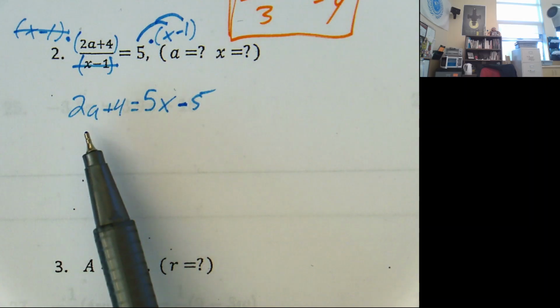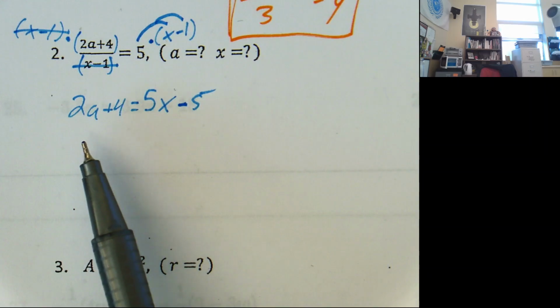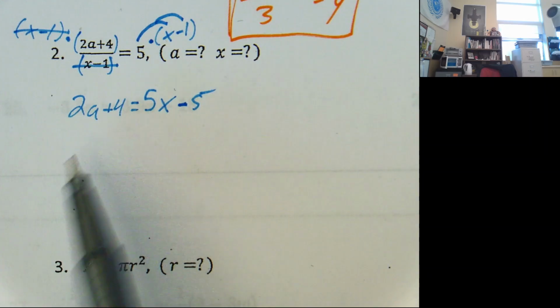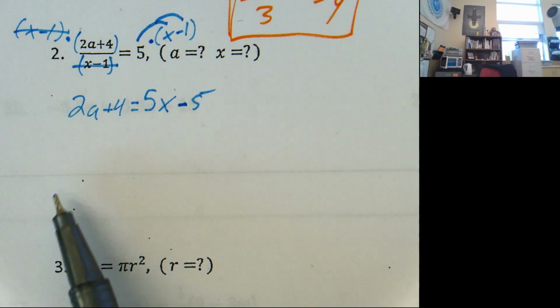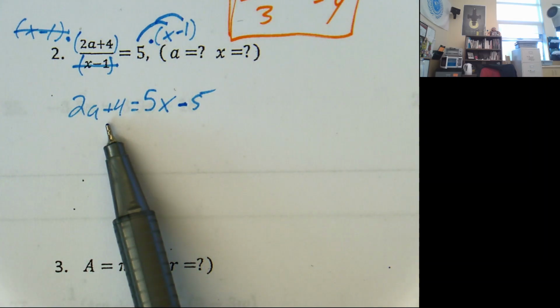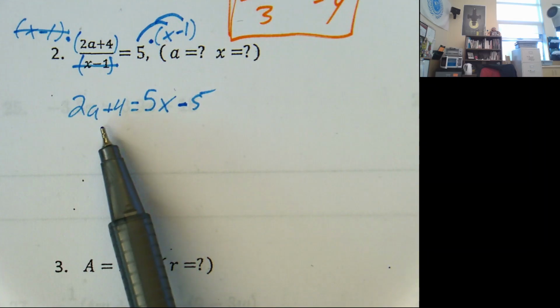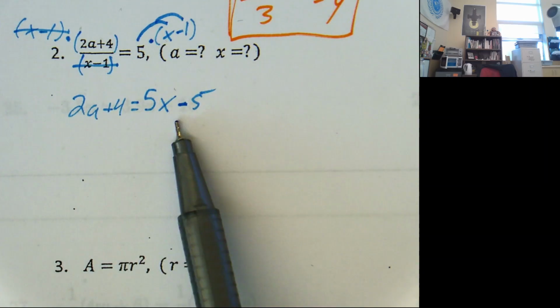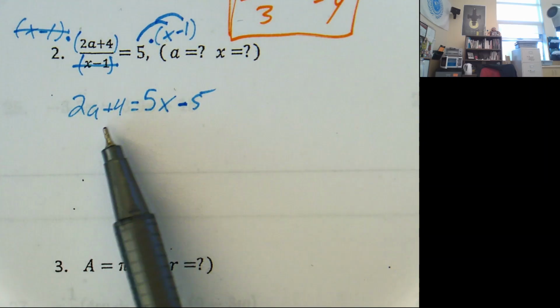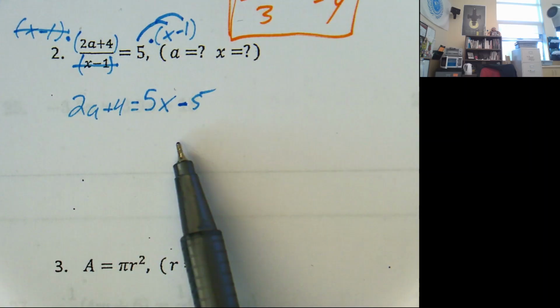So now, what do I do? No. These are on opposite sides of the equal sign, so we can't group over top of the equal sign.